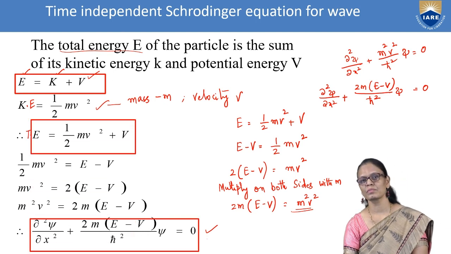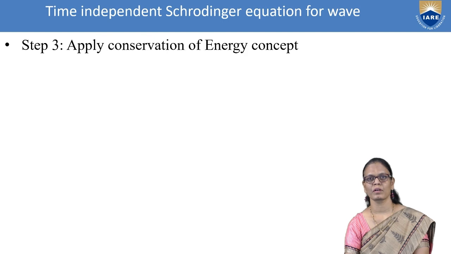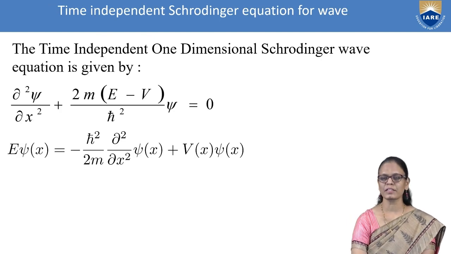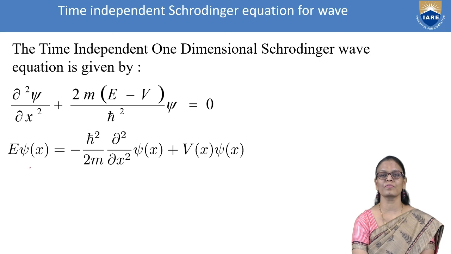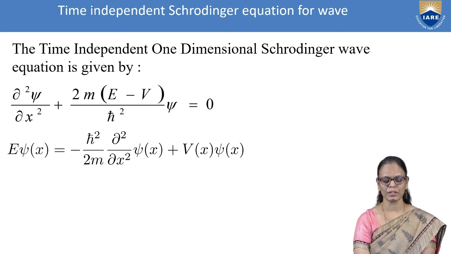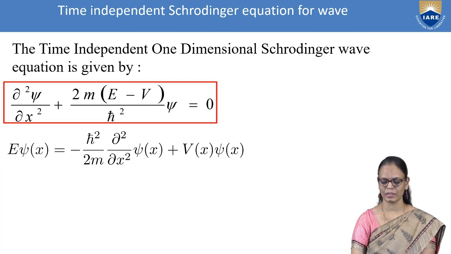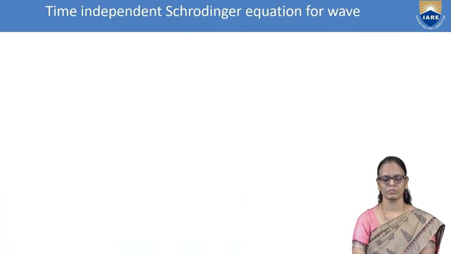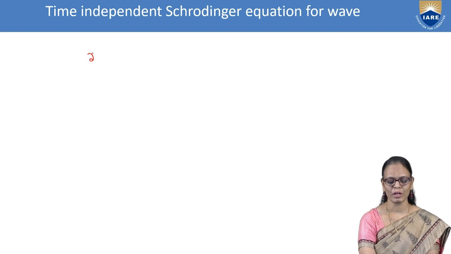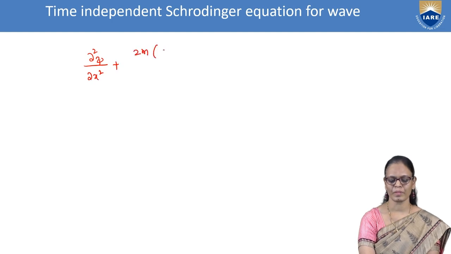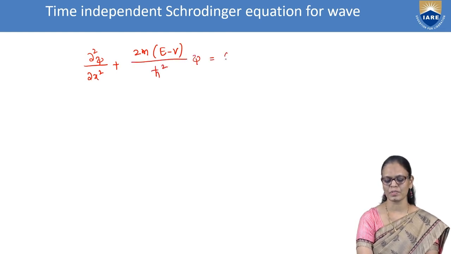So we are trying to write the same equation. From this, how do we write the equation for energy? I'll try to explain this. We will take the equation dou square psi by dou x square plus 2m into E minus V upon h cross square into psi is equal to 0.